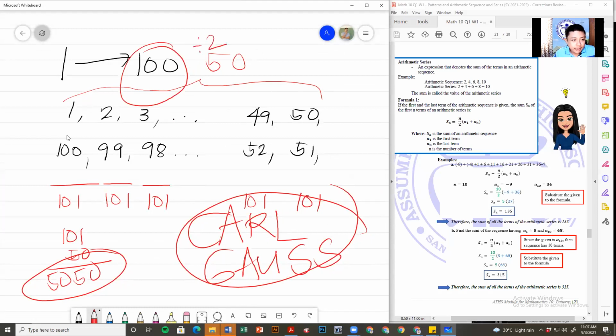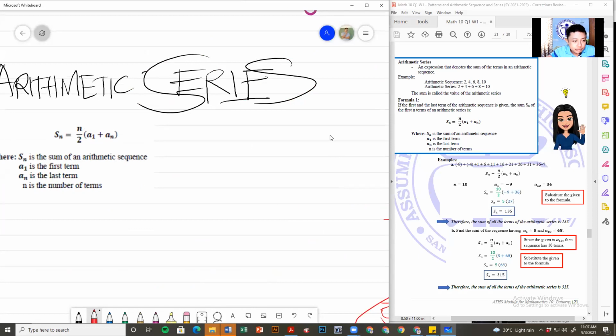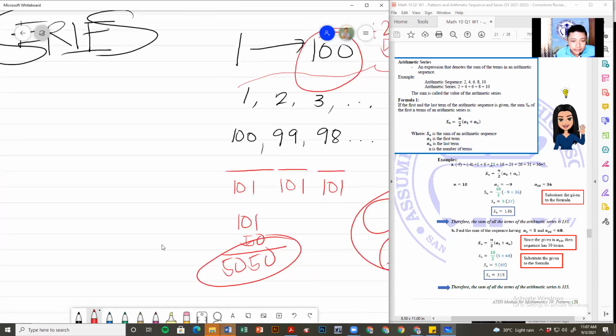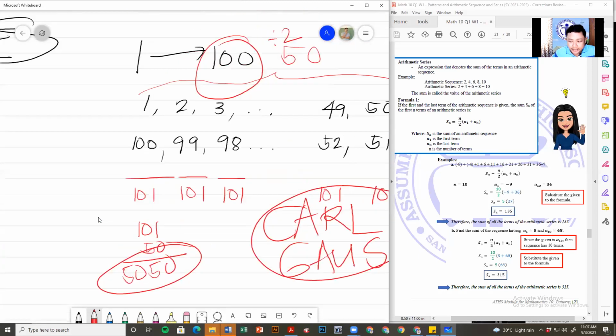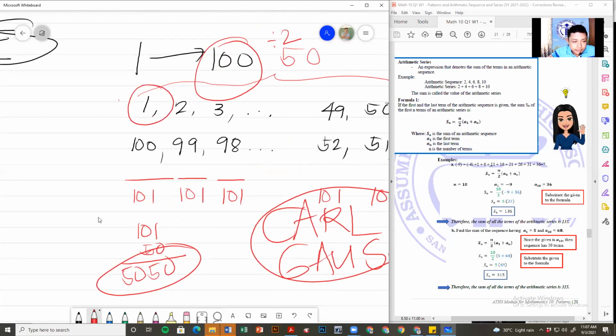Tama? So that's where n over 2 came from. Okay? And then the first term and the last term, when added, was inspired by this. The first term and the last term. This is where it's inspired.